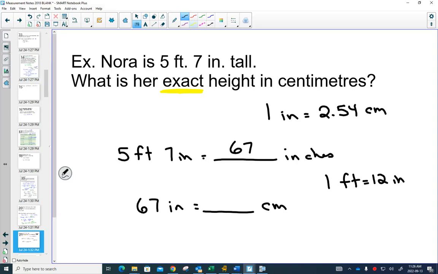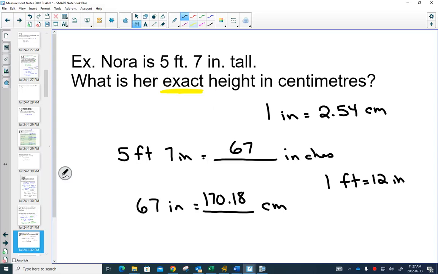Should you get more centimeters or should you get less? You should get more, so we're going to multiply 67 times 2.54, 170.18, and I would include all the decimal places because it wants the exact value.